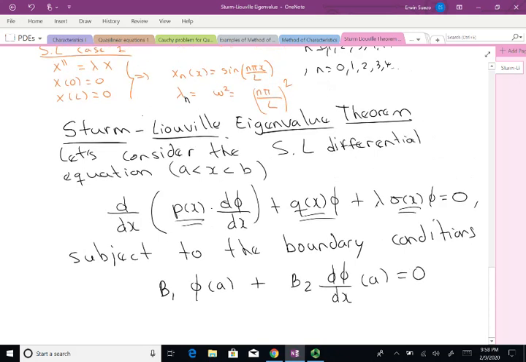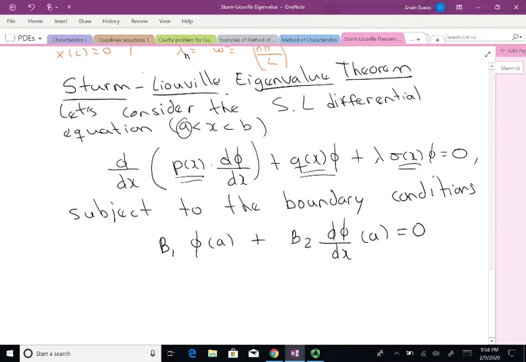Remember, a is the value, so you are in the interval a, b. The differential equation is on the open interval, but you need the values at the endpoints. And the other is beta 3 phi of b plus beta 4 d phi dx of b equals 0.